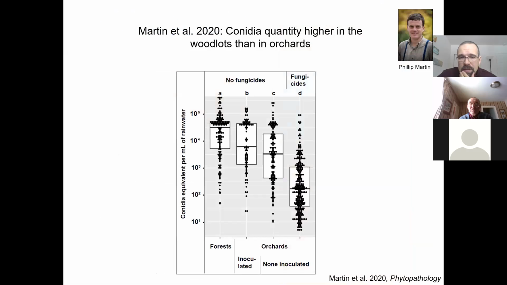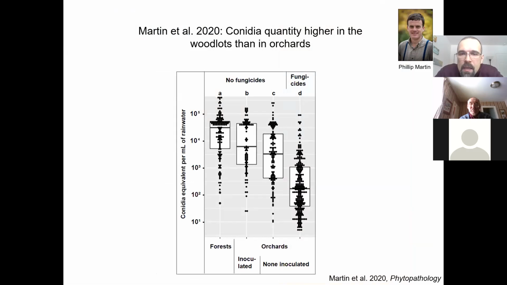Then we teamed up with Kari Peter's lab at Penn State and worked with Philip Martin, her student, who collected conidia with spore traps and wanted to compare the amount of spores he would collect in the forests, where we know this pathogen likely dwells as an endophyte, just freely living, not causing any disease, just living inside or on the surface of the host.